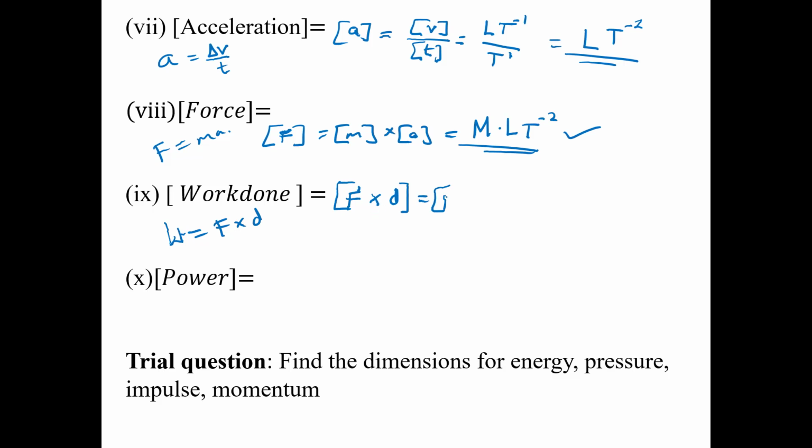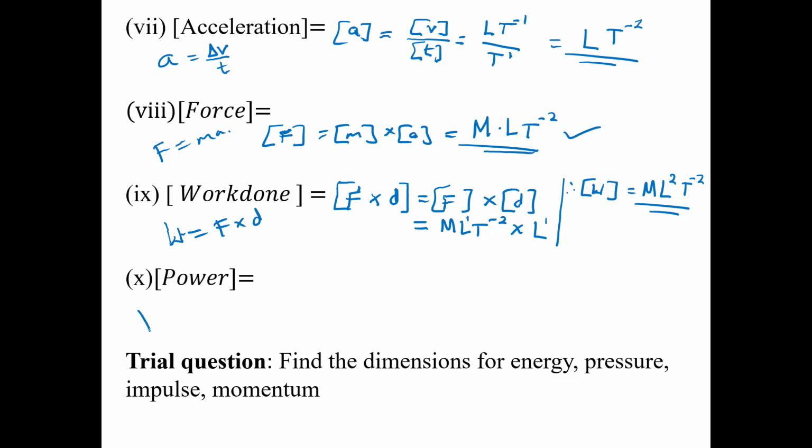And the dimension of the force, we've got it as MLT^-2. And the dimension of the distance, which is length, is simply capital L. Therefore, the dimension of work done is equal to M. We have L here, we have L there. So L times L, we get L squared. So we have ML^2T^-2 as the dimension of the work done.